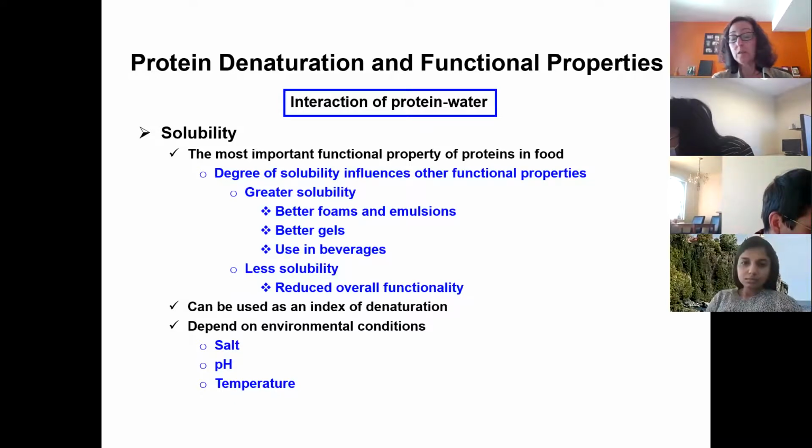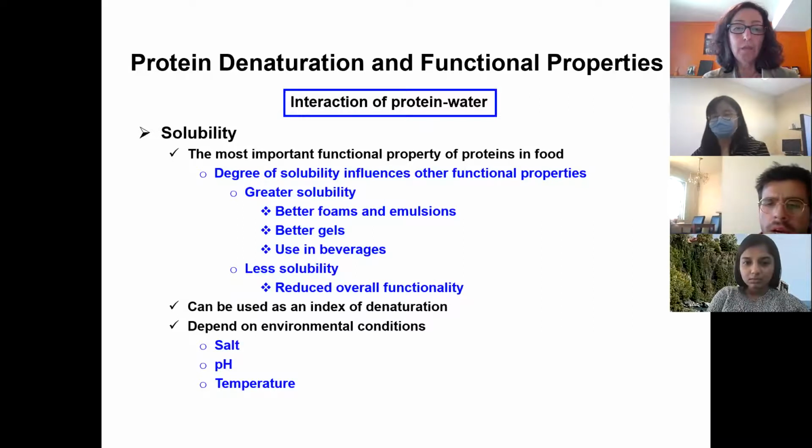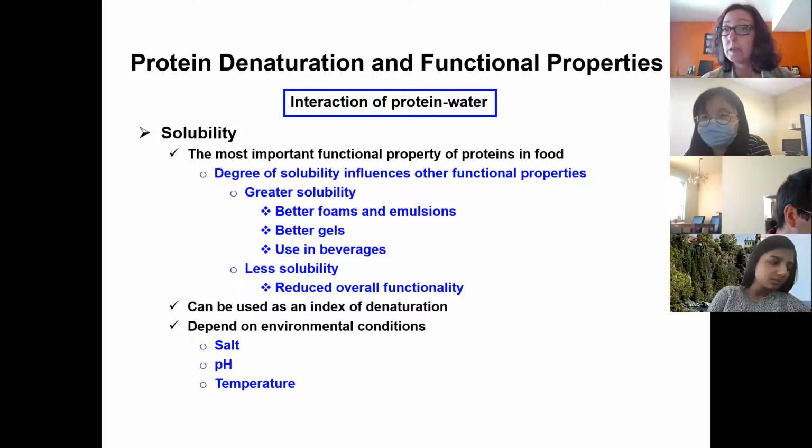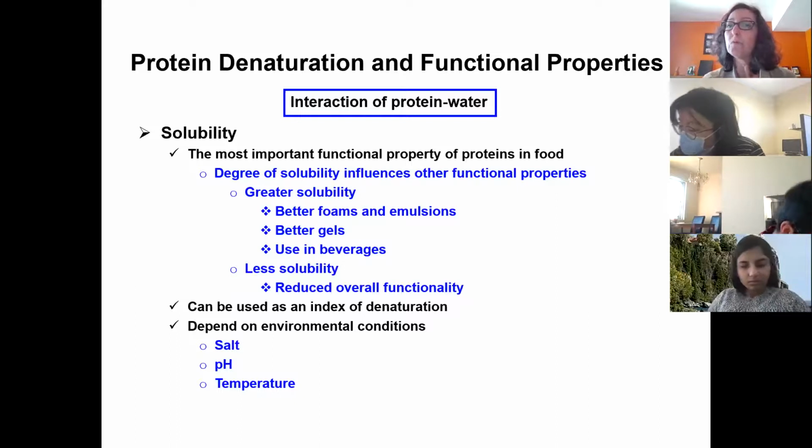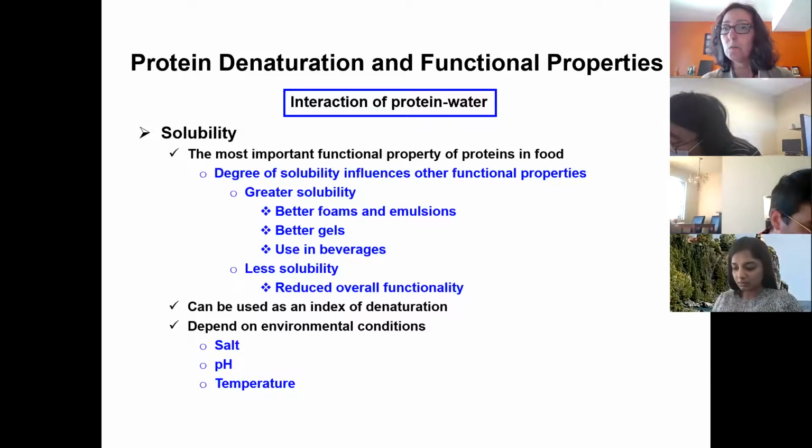But yes, solubility of the protein is important in general. Like we talked about earlier, it can be used as an index of denaturation, because solubility is reduced when the protein is denatured. There will be more protein-protein interaction and less protein-water interaction. Of course, it is dependent on extrinsic or environmental factors, such as the concentration of salt.